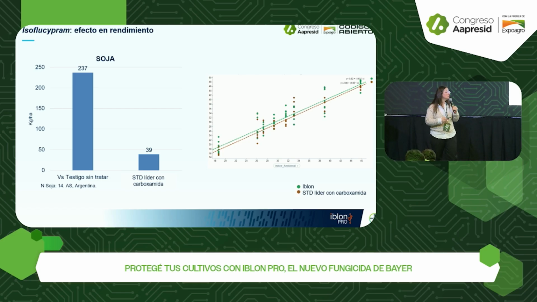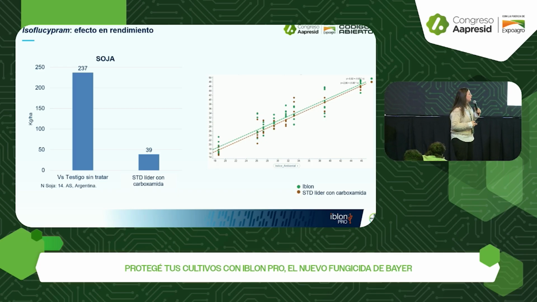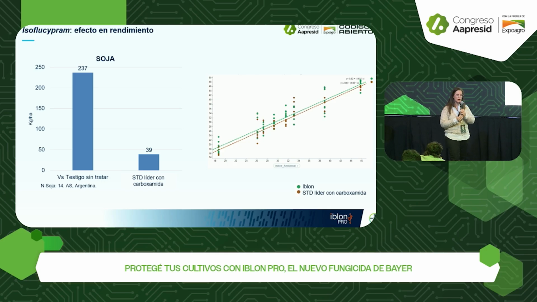What we can see in this database is that with Iblon Pro, we always have a superior trend in terms of yield, considering the different environmental indexes. In soybean, with 1,800, 2,000, 2,200 kilos up to 4,000 and 4,600 kilos, we can see that the results have continuously been good with Iblon 350 cubic centimeters.